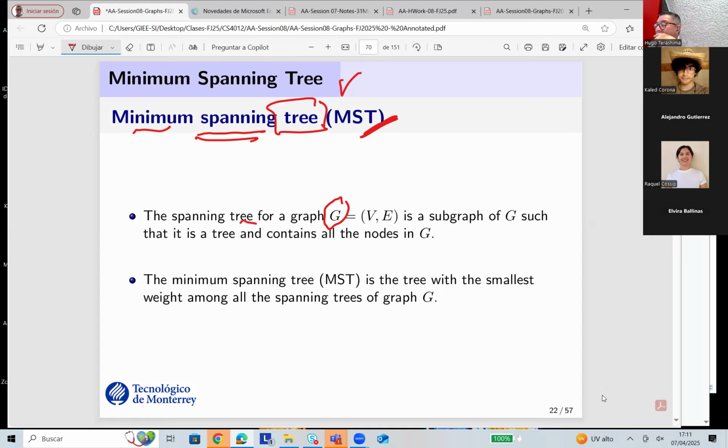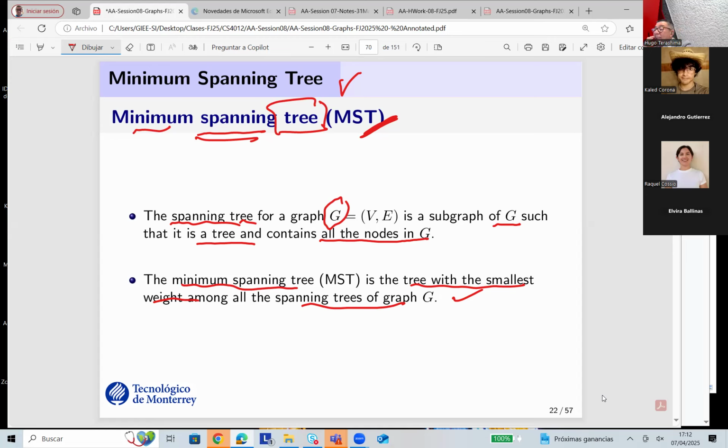The spanning tree for a graph G is a subgraph of G such that it is a tree and contains all the nodes in G, right? So that's the first definition, a spanning tree. And the minimum spanning tree is the tree with the smallest weight among the spanning trees of graph G. Okay?